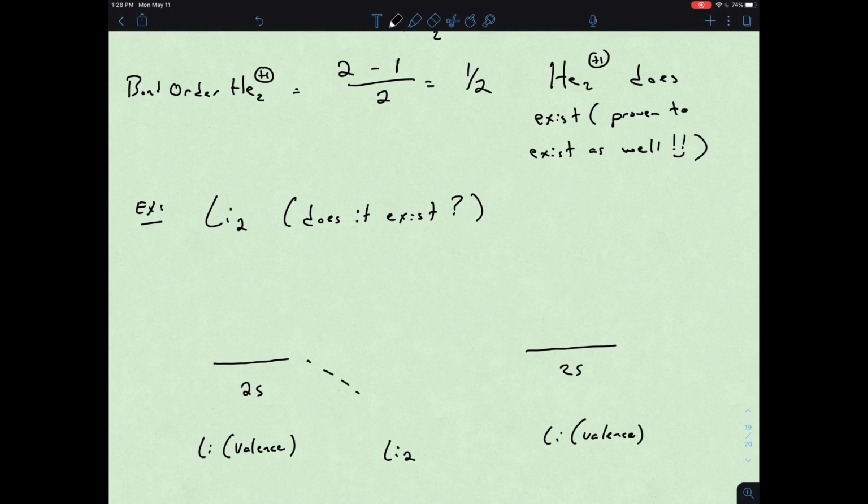But you still see the same idea as far as the lowering of energy for the bonding, the raising of energy for the anti-bonding.